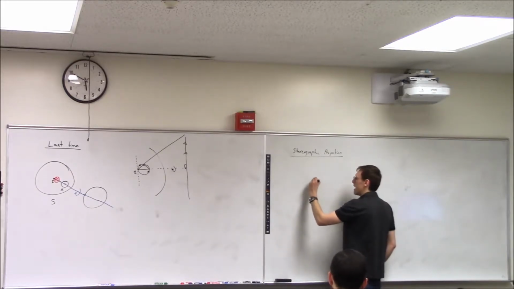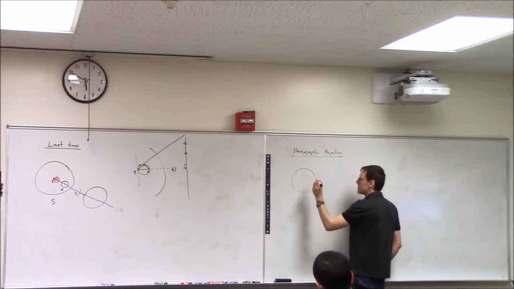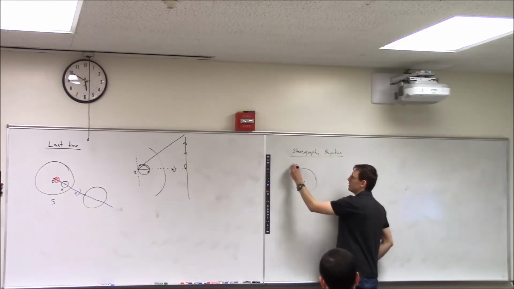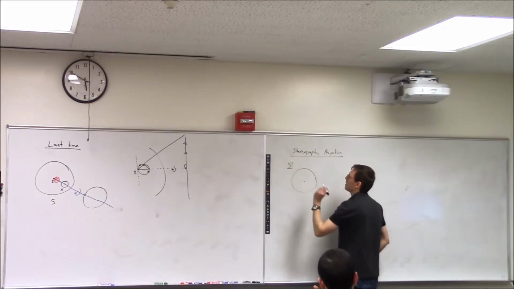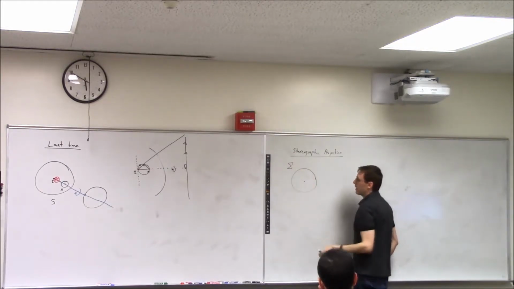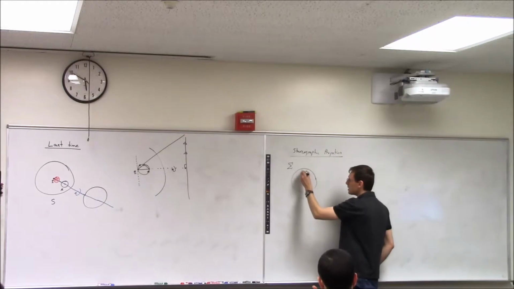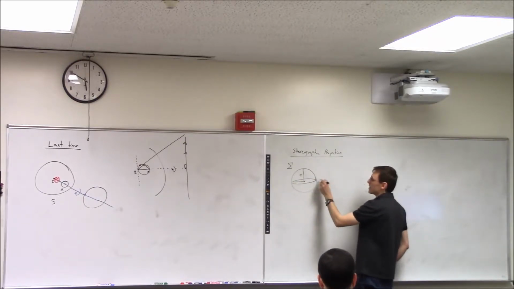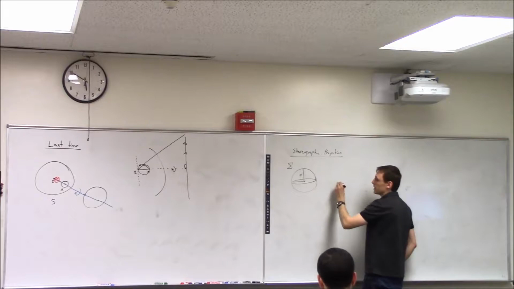So what you have is a sphere, and this is the Riemann sphere. In Visual Complex Analysis it is denoted by sigma, and it's of radius 1. And the sphere is inserted in the complex plane.